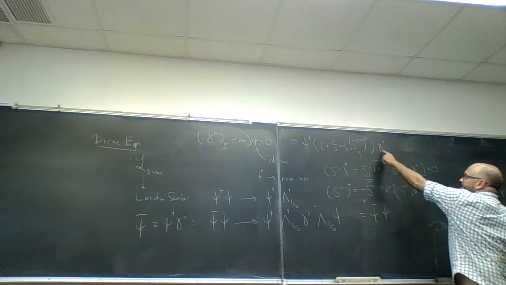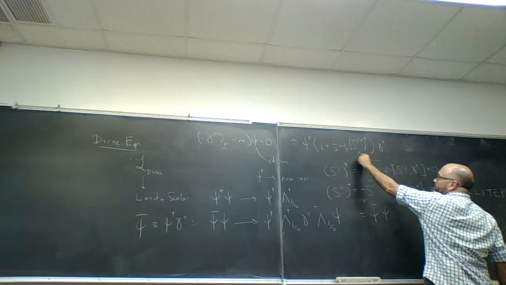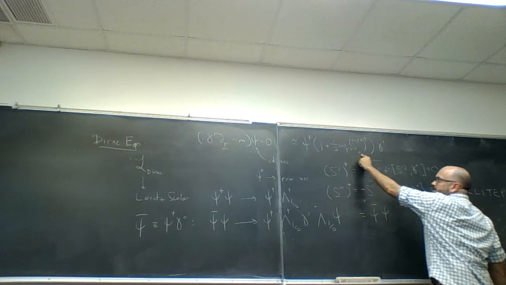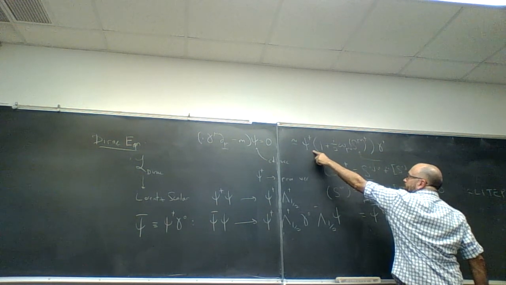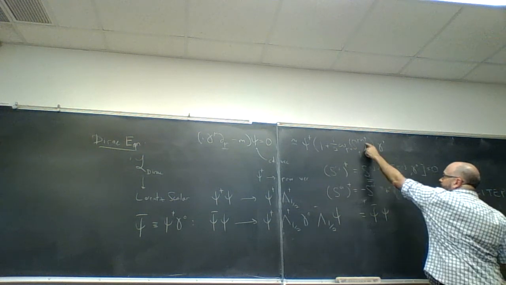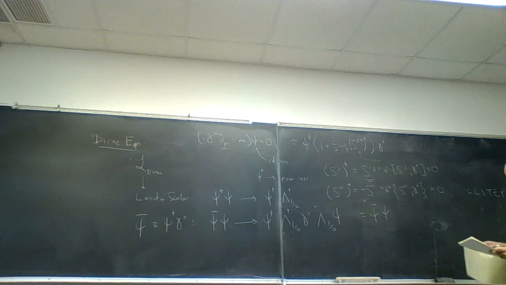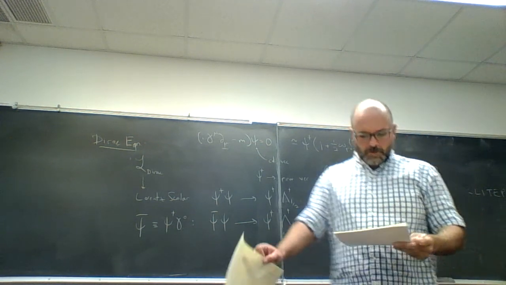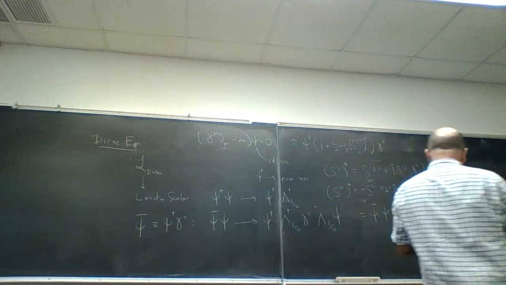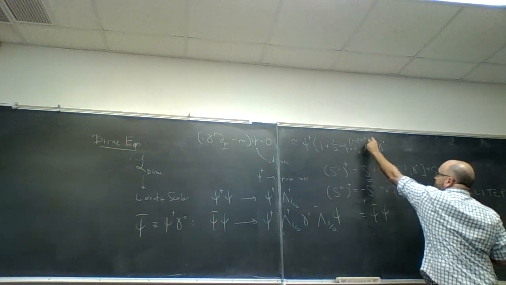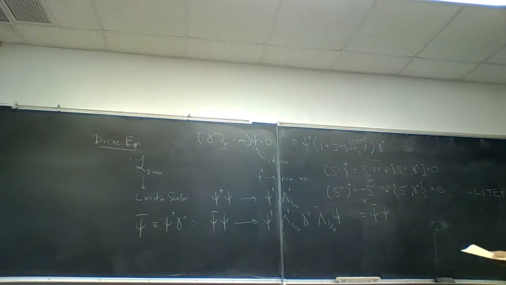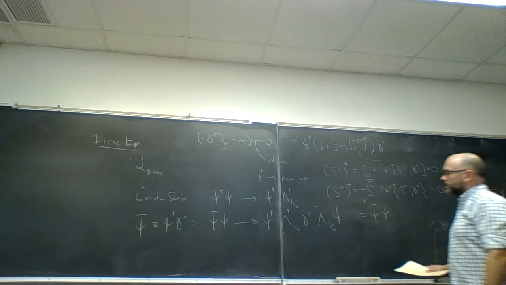And so what it means is that when I pass this gamma 0 through here, it stays the same. Basically, passing gamma 0 through here is going to just remove this dagger, and that's what we want.